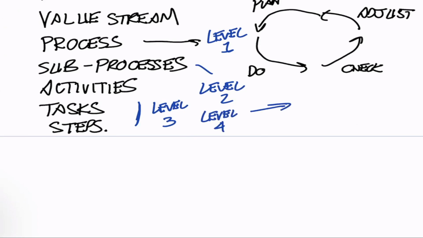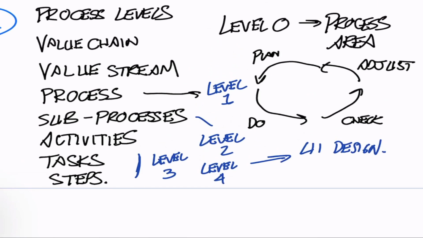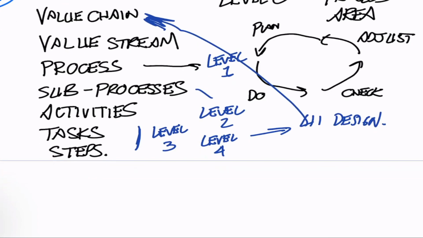Usually what I find at this point is if we're doing things like UI design, then we'll be down into lower levels of specification. But definitely I wouldn't be doing UI design on something like a value chain. The level is just too high for that. We need to decompose things down into the level of detail.